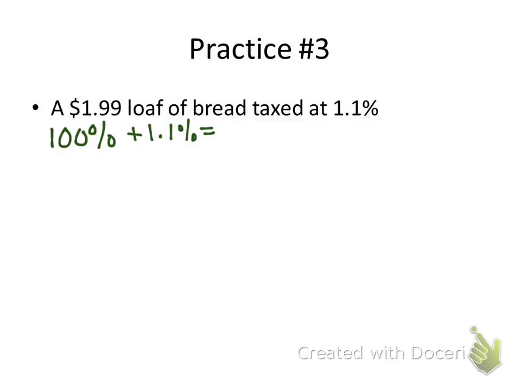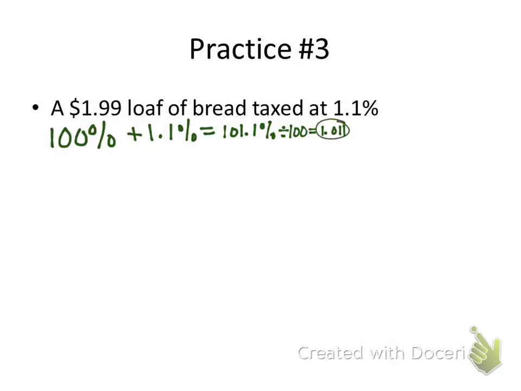Raise your hand if you know what 100% plus 1.1% equals. Zach? 101.1%. Okay. Raise your hand if you know what to do next. Zach? You would basically divide it by 100, you would get 1.011, right? Correct.